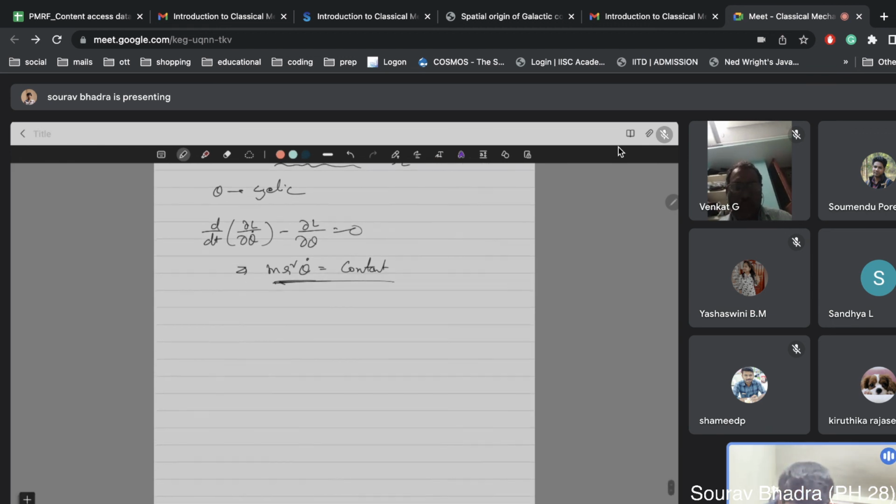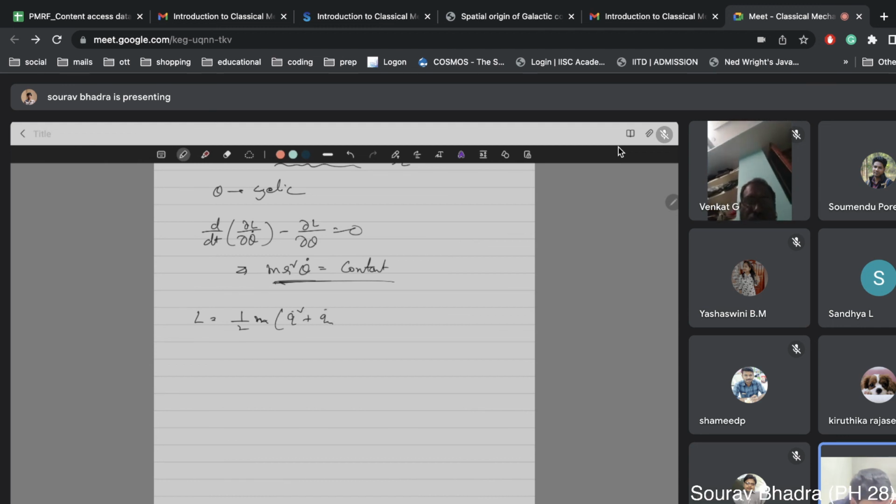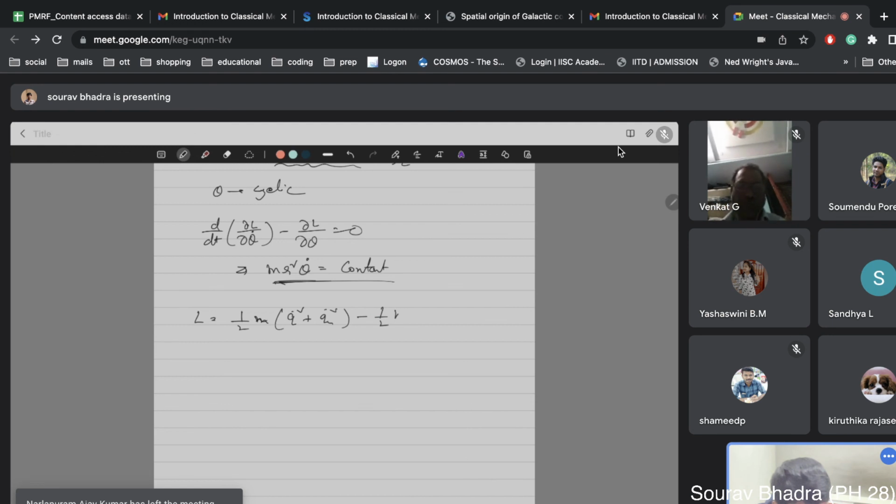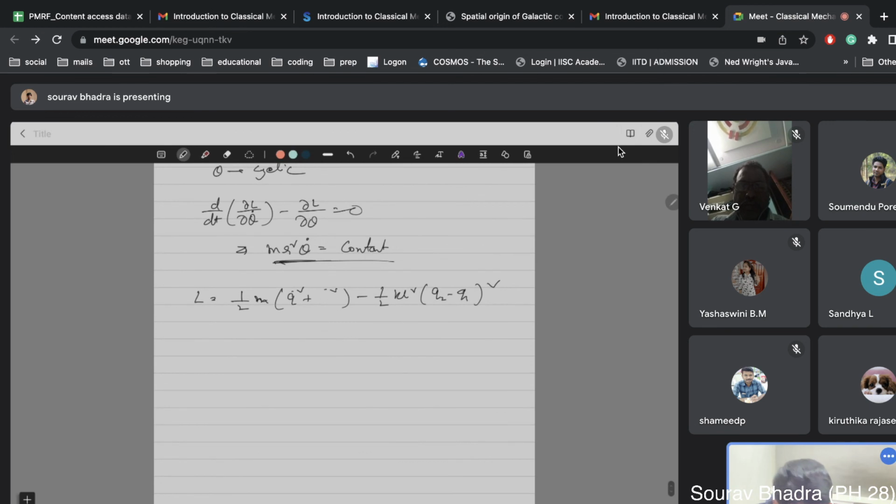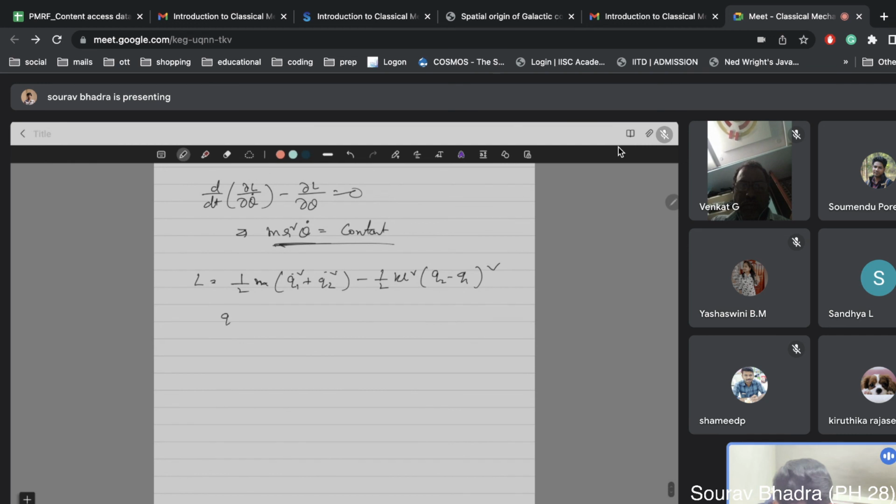Now in the last question there was a Lagrangian given, that is half m q1 dot square plus q2 dot square minus half k l square q2 minus q1 whole square, and you have to change that.